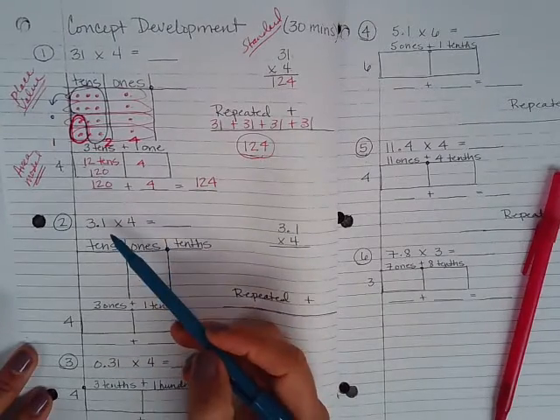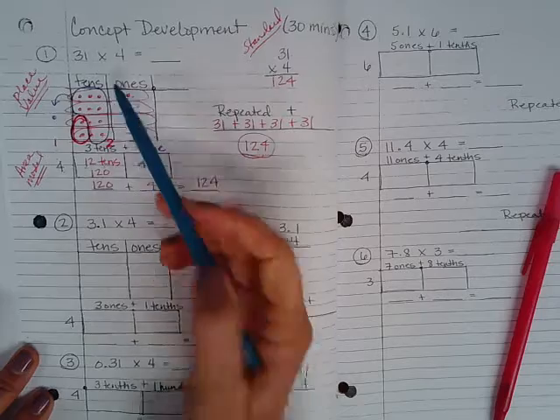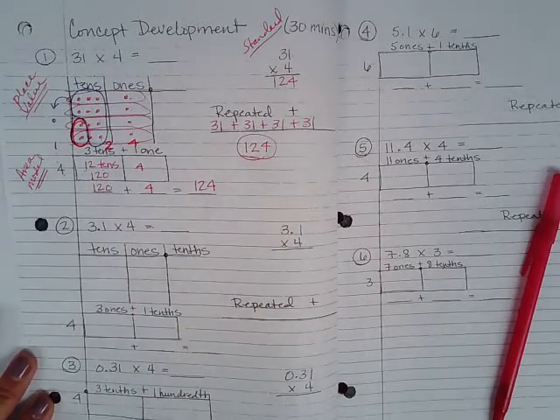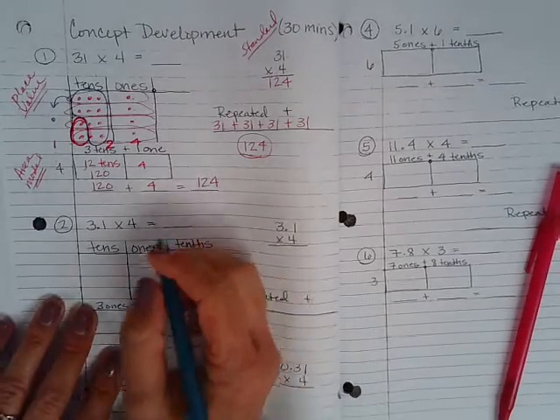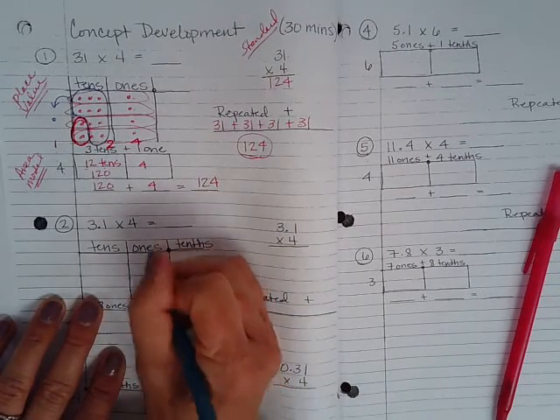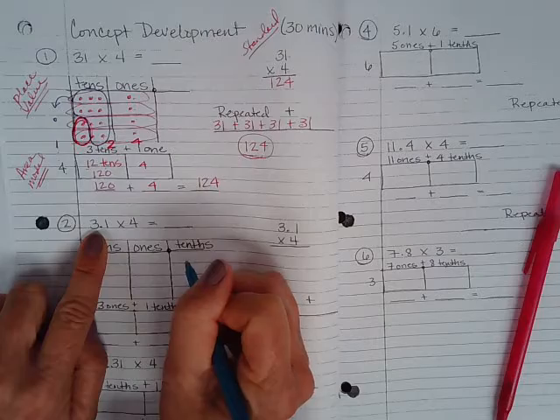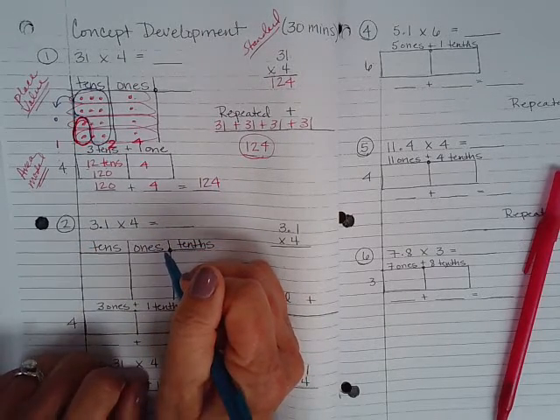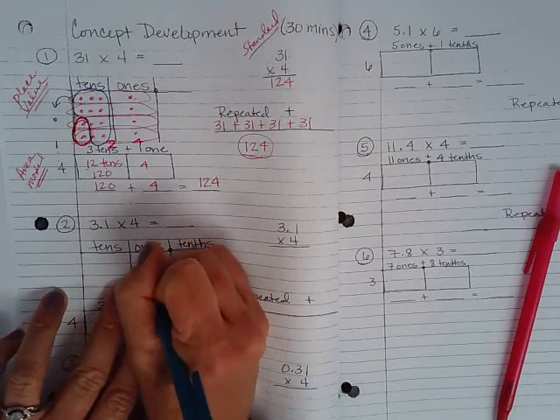Let's go ahead and do problem 2 and problem 3 because we're adding a level of difficulty, I guess, if we're adding our decimal. So let's go ahead and do 3 ones. So we're going to have 3.1 and we're going to do it 4 times. Okay? So here's 3.